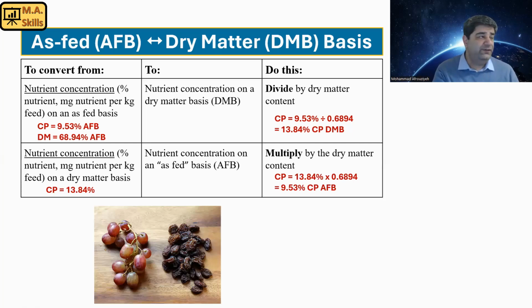Let's say you are looking at a nutrient composition of feedstuff table and you see the protein level of a feed ingredient is 13.84% based on the dry matter, and you want to see what it would be on an as fed basis. Then you need to multiply it by the dry matter content, which gives you here 9.53% protein based on as fed.